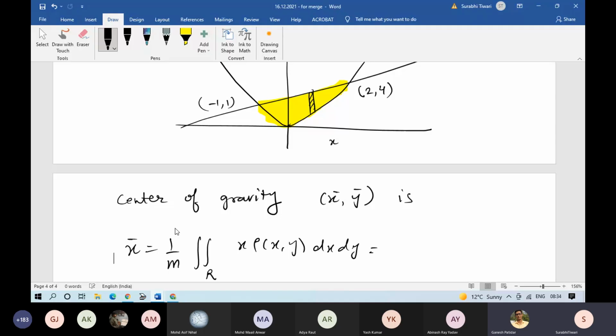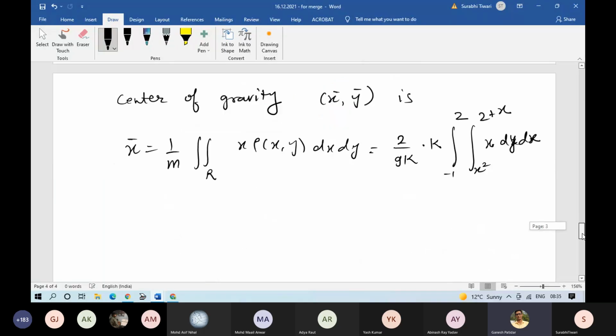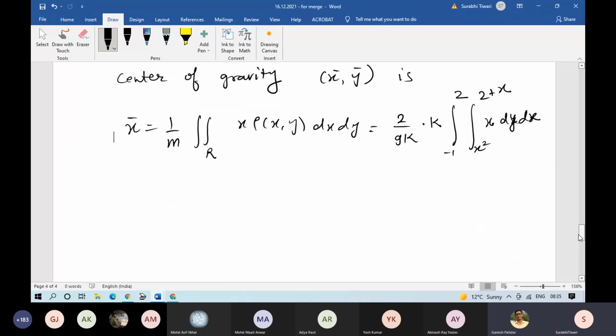Now just put in all the values. So this is 1/m, which becomes 2/9k, and again rho(x,y) is again k, so we take k outside. What remains inside? x into dx dy. Again write dx dy as dy dx, you can also do dx dy by taking a strip parallel to the x axis, otherwise I am writing it this way because I have drawn the curve like this. So again this is from x square to 2 plus x, and -1 to 2. Tell me, what will come?